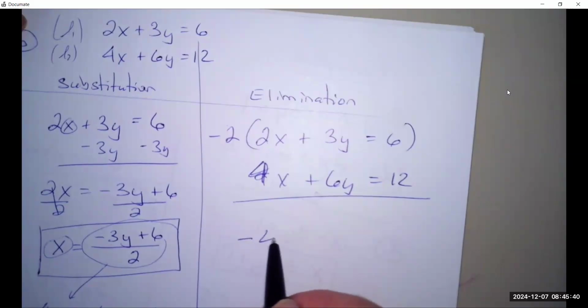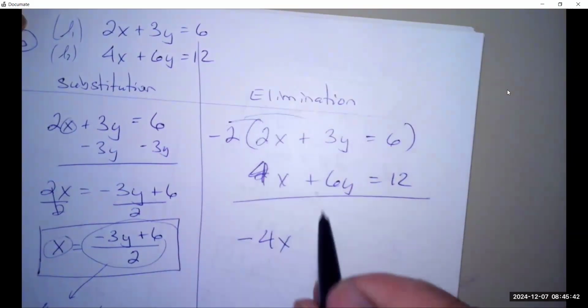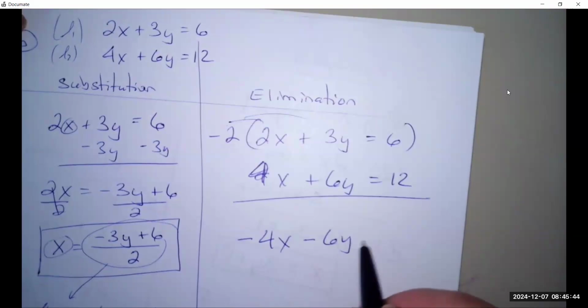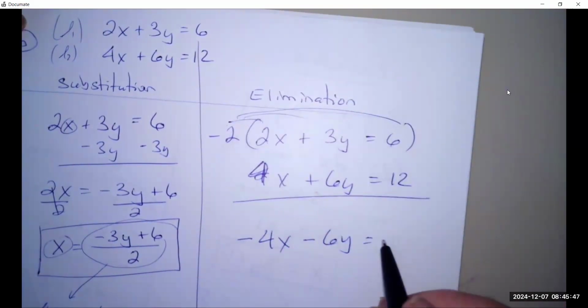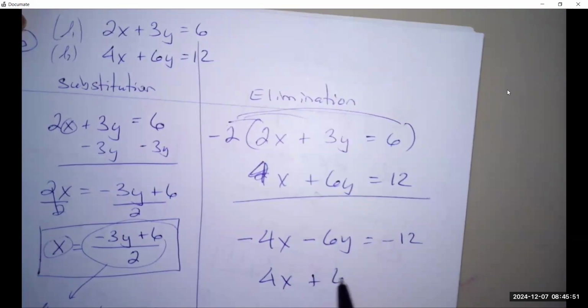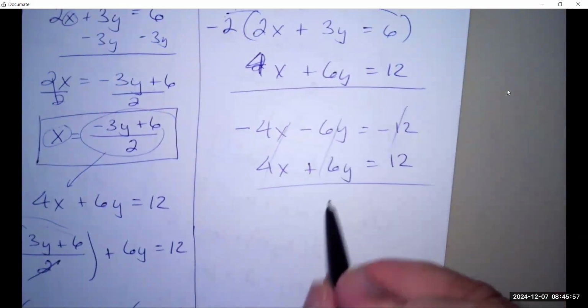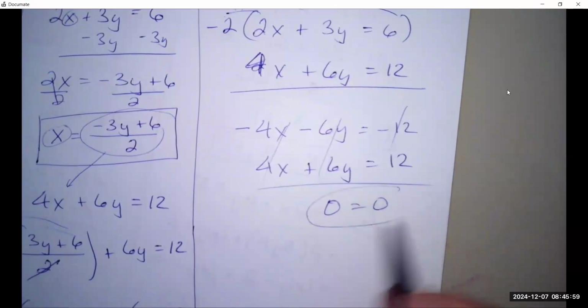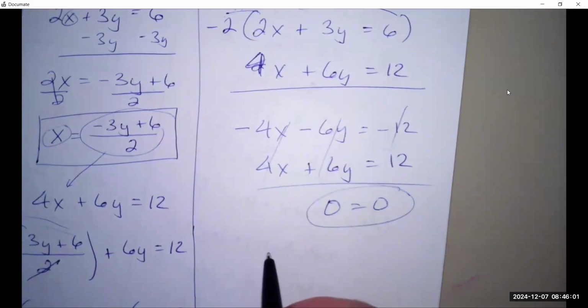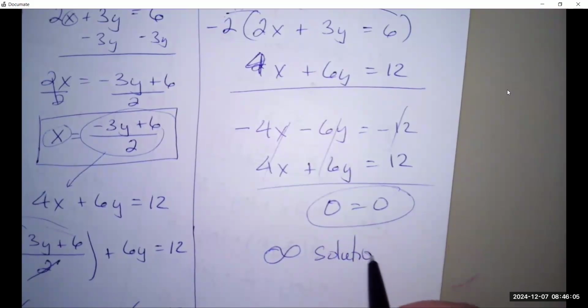So that gives us negative 4x minus 6y minus 12. If I add them together, everything cancels. So that means infinite number of solutions. They're the same line.